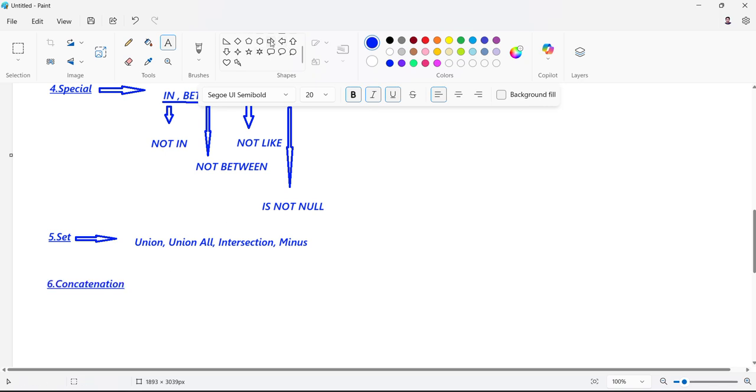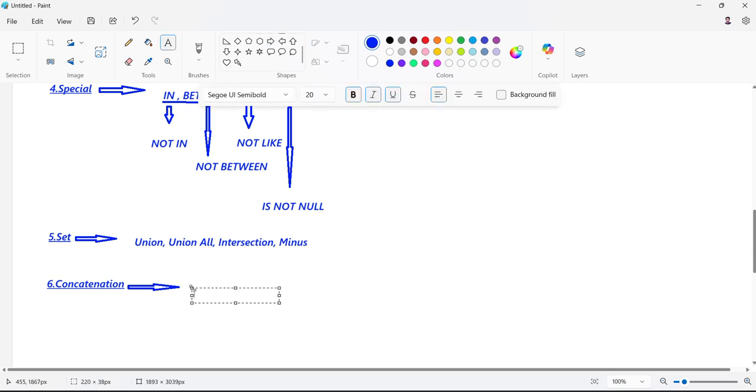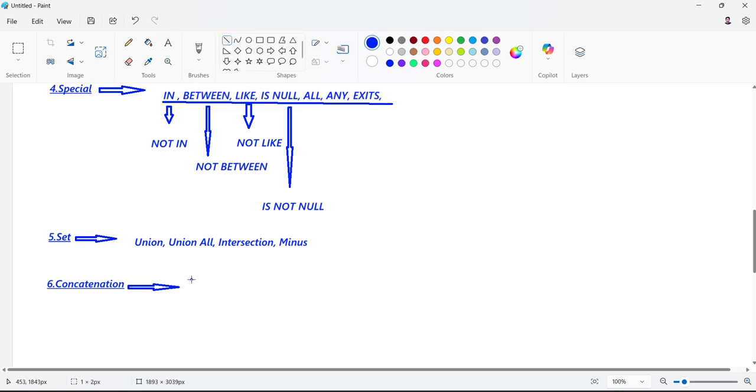The symbol of concatenation operator can be represented like this. So the symbol of concatenation operator.